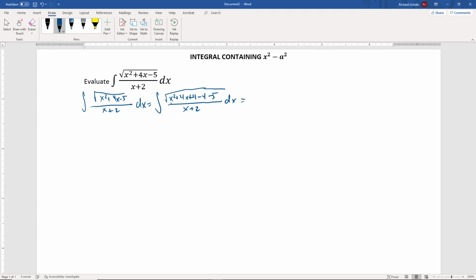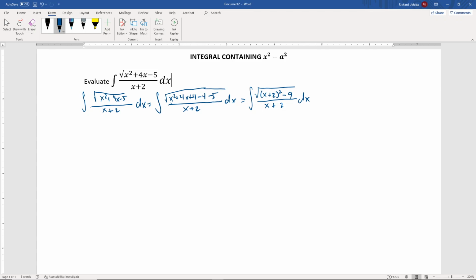But this is now equal to the integral of the square root of the x squared plus 4x plus 4. That's a perfect square, so that becomes x plus 2, that quantity squared, and then minus 4 minus 5, so that'd be minus 9 all over x plus 2 dx.